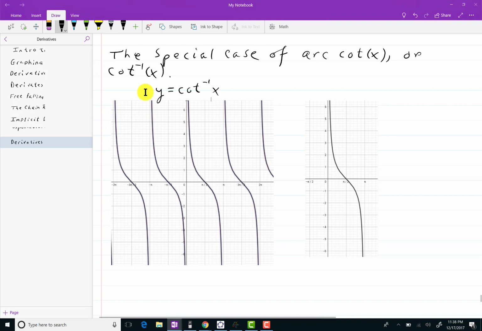In order to do that, every single textbook I have ever used does this. In order to define an inverse, they always restrict the domain, of course, but here the domain is usually restricted to 0 to pi. So we say the domain is 0 to pi, and the range is negative infinity to infinity.